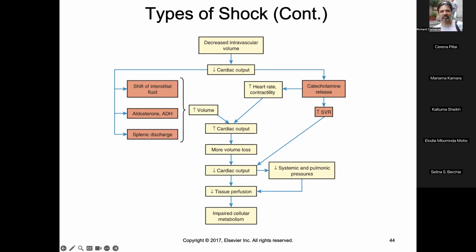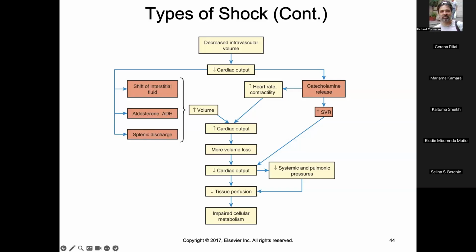Now, to compensate for this, all of these will try to kick up, all right? You'll see an increase in blood volume, an increase in cardiac output, more volume loss, results in a reduction in cardiac output, reduction in tissue perfusion, and impaired cellular metabolism.